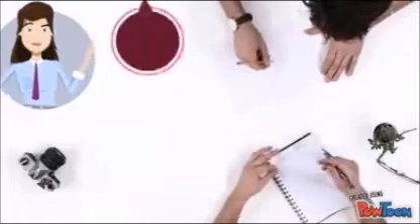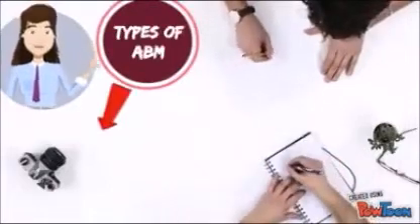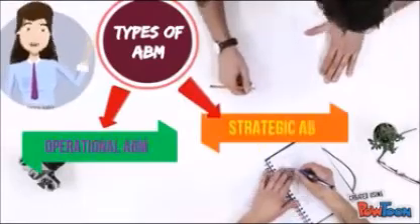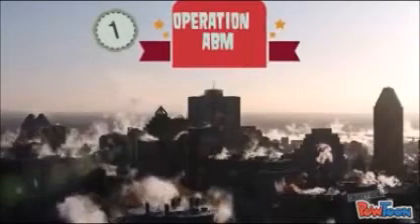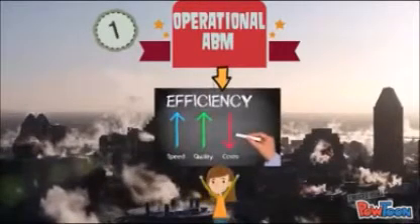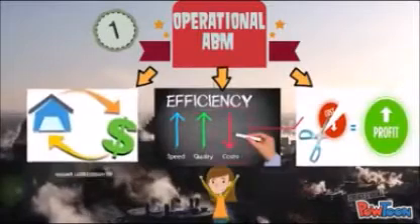There are 2 complementary applications of ABC, which are operational ABM and strategic ABM. The first one is operational ABM. Operational ABM works to enhance efficiency, lower cost, and improve asset utilization.